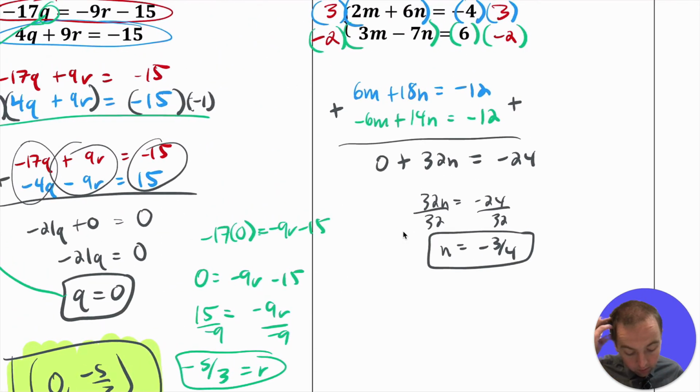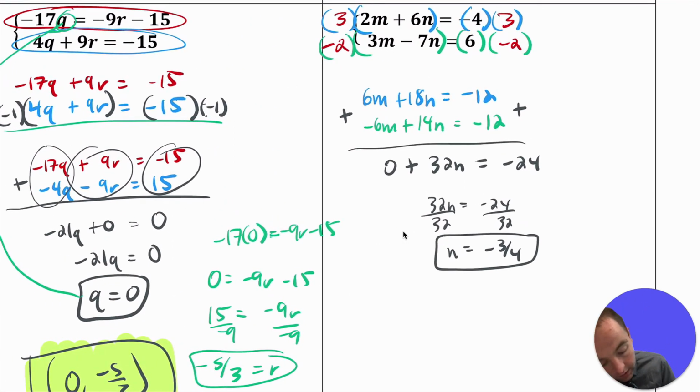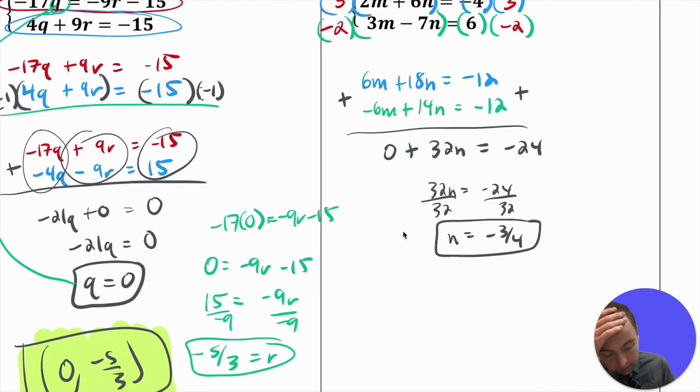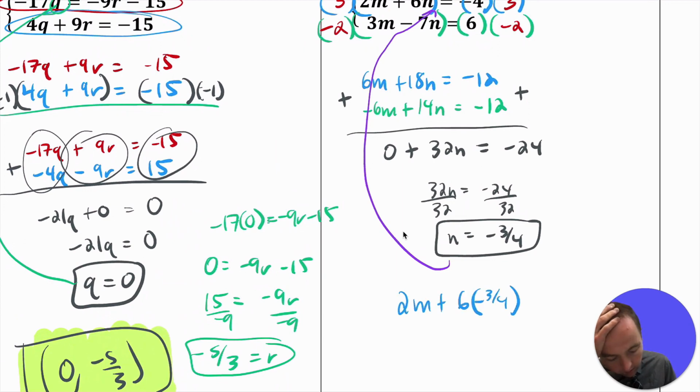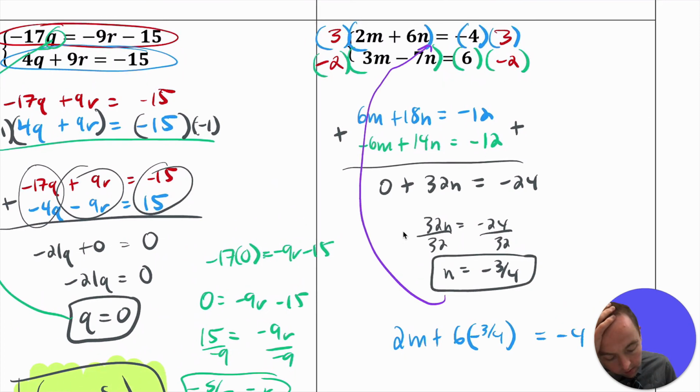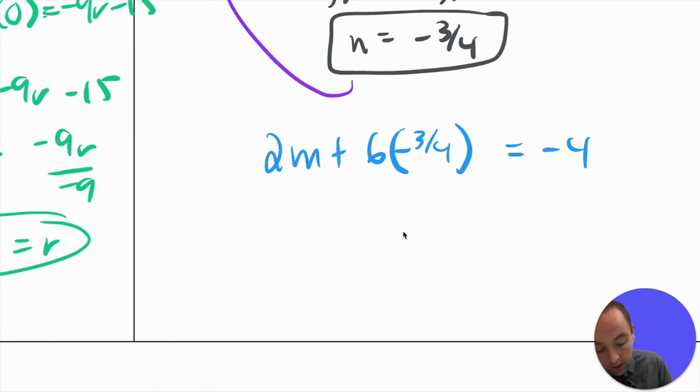Then, of course, you can substitute that n value in to find your m value. If we substitute it into that first equation, then we would have 2m plus 6 times negative 3/4 is equal to negative 4, and then we can solve that for the m value.